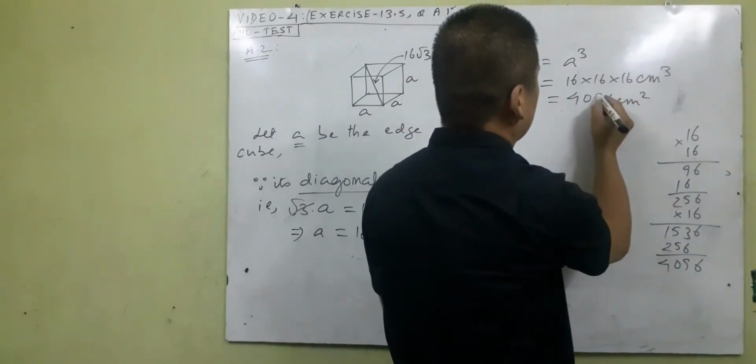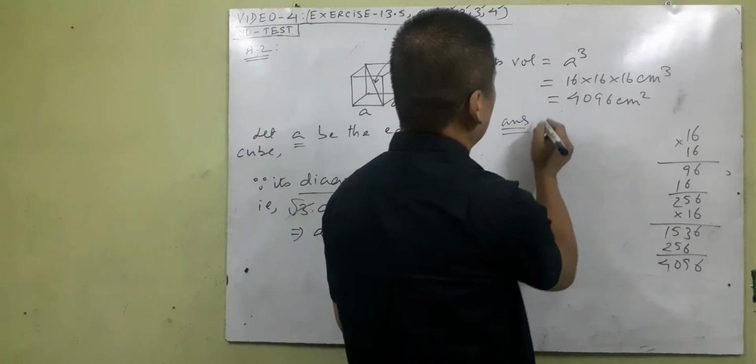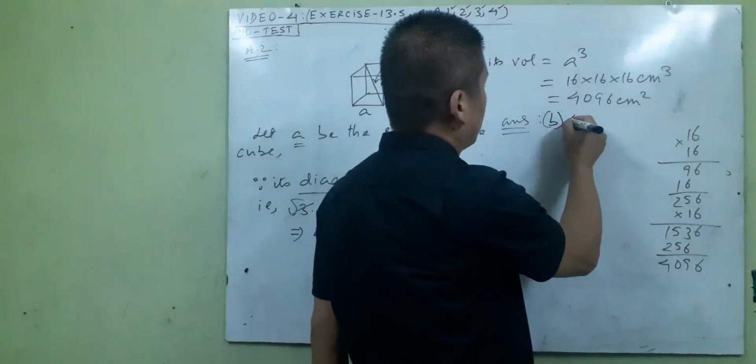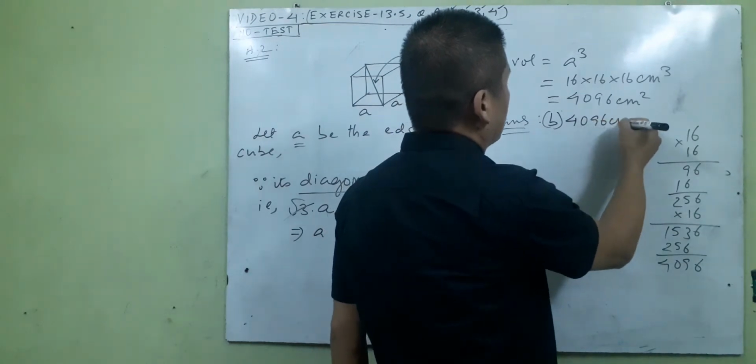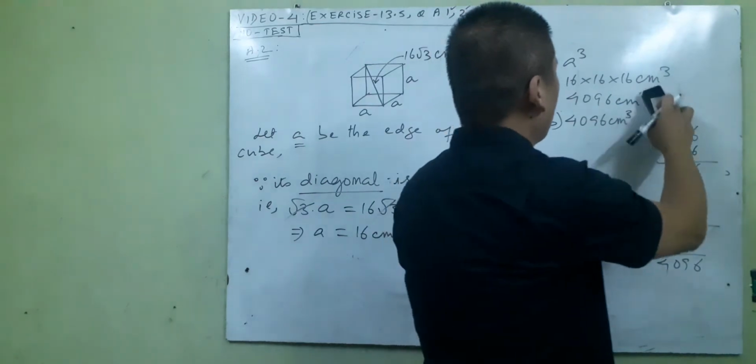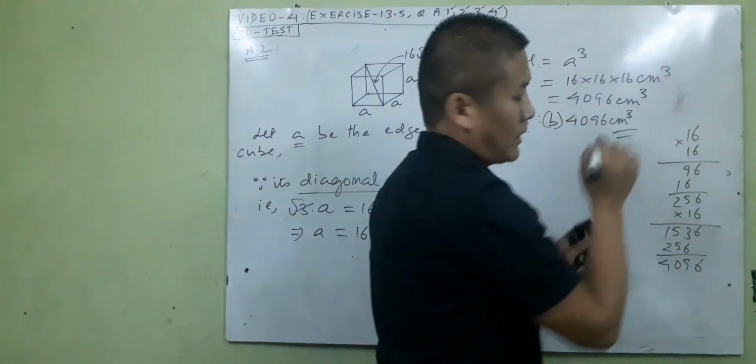Now the choice that matches that, 4096, is found in choice B, which is 4096 centimeter cube. Sorry, it is volume, so it is three-dimensional always. So that is your answer.